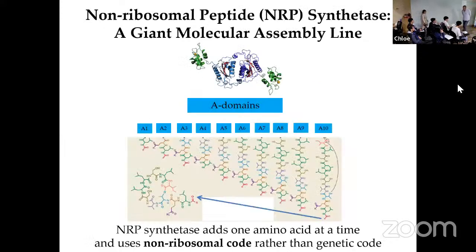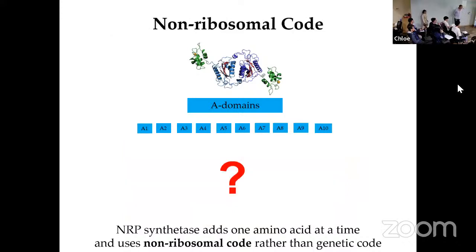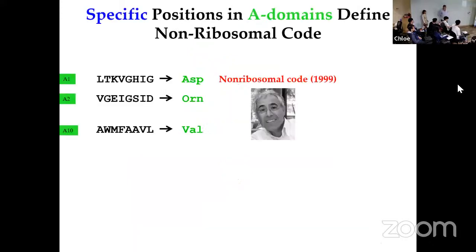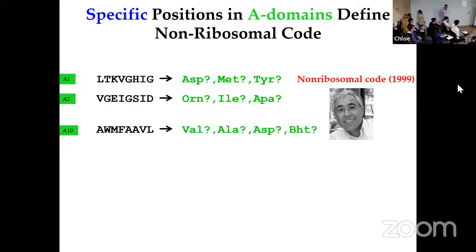I have another question. We have the non-ribosomal code with A1, A2, A3, and each corresponds to a specific type of amino acid, right? Or can A1 make more amino acids? Usually every A domain makes one amino acid, but sometimes there is a doubling effect, and it can make two amino acids.